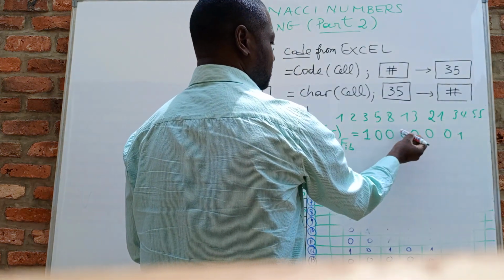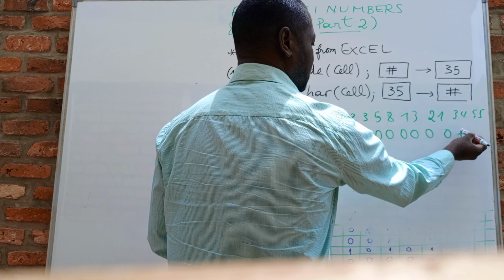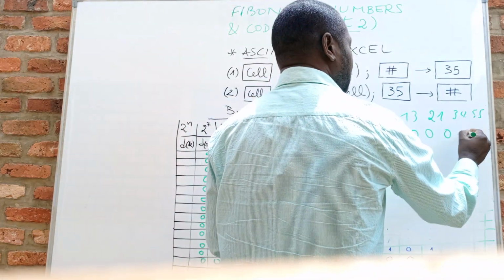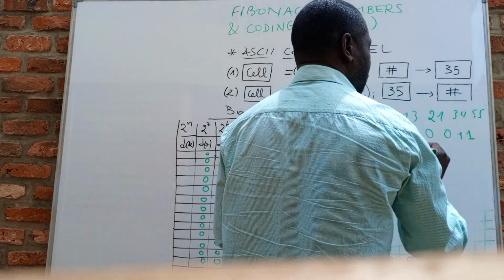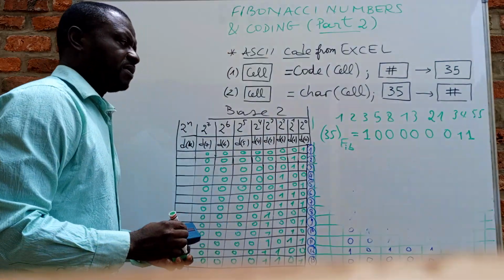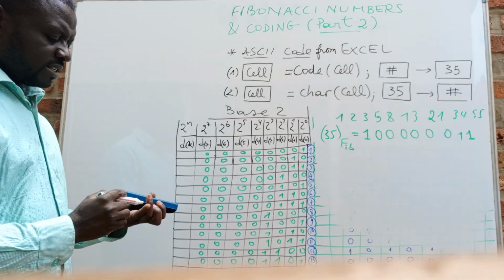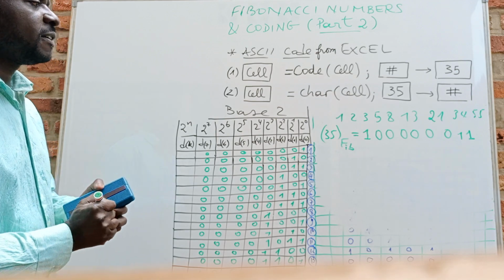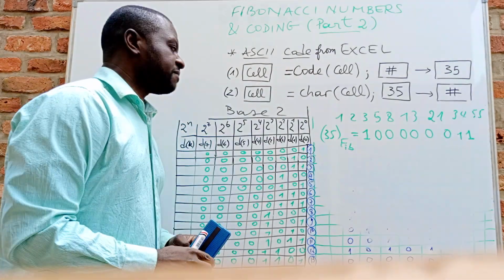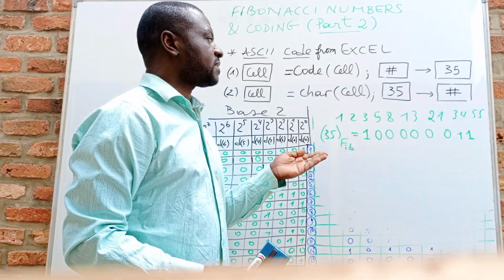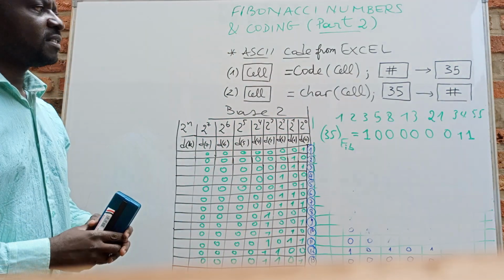Now we have to add the last one in order to get the code. So now this is the code in the Fibonacci sequence for 35. But we know 35 represents this symbol.